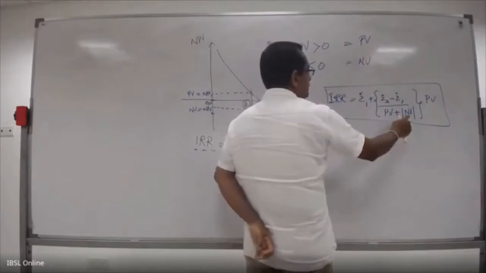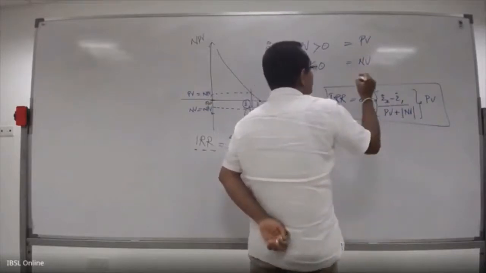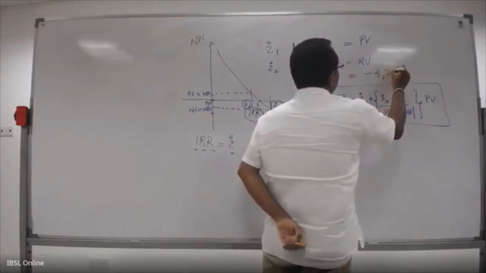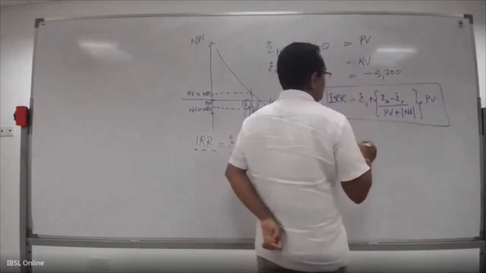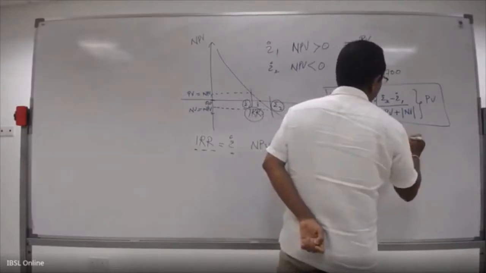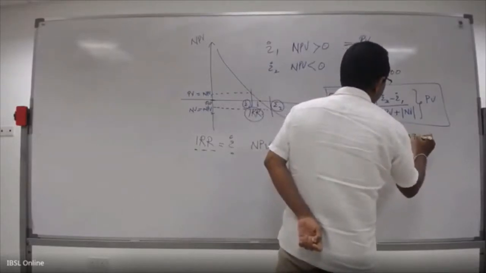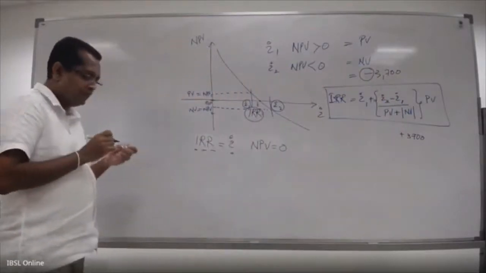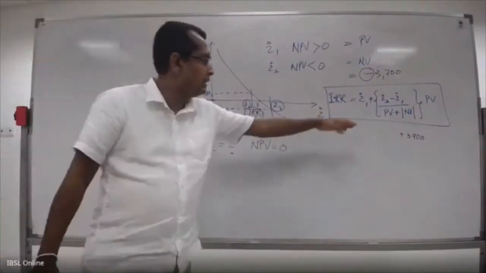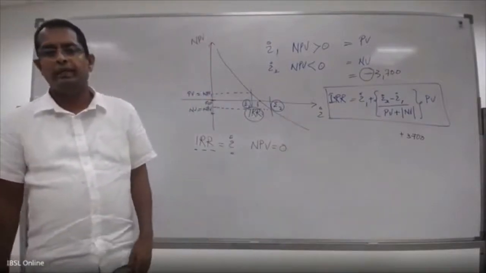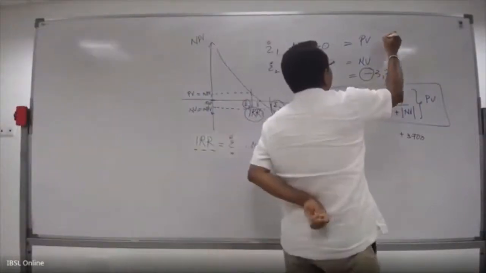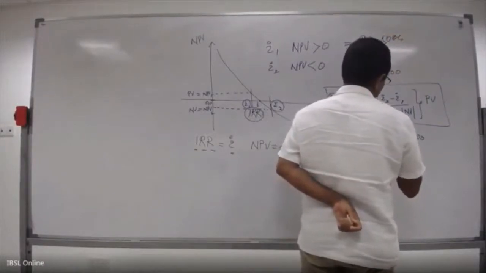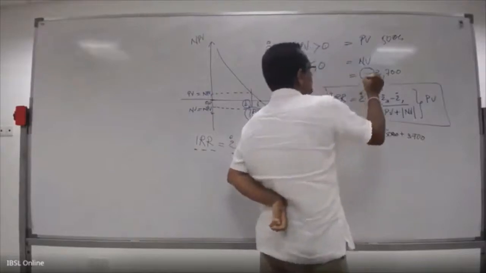Absolute term means if this negative value comes as 3,700, we take 3,700, ignoring the sign. Whether it is negative or positive, we take it as positive. If this is 5,000, then it is 5,000. Absolute terms means we ignore the negative mark.